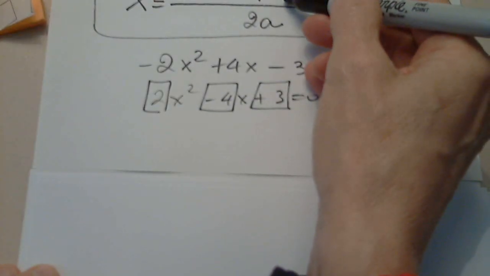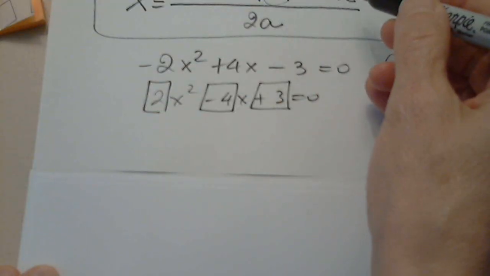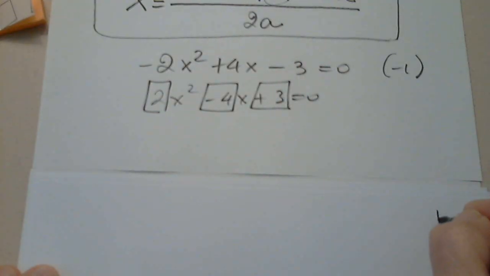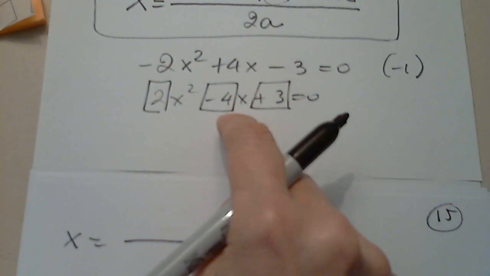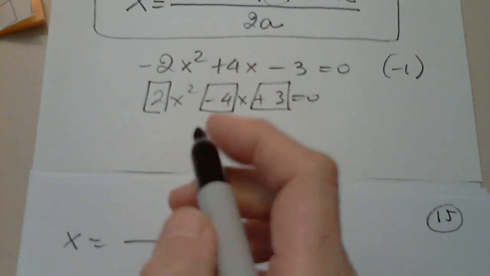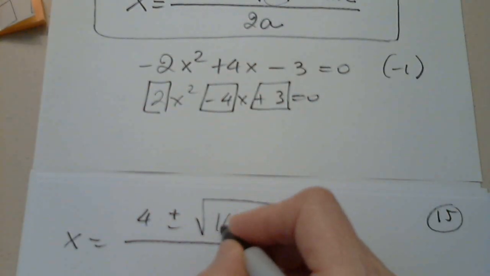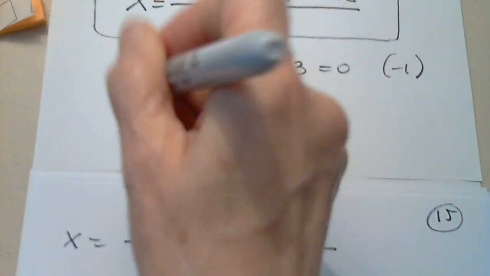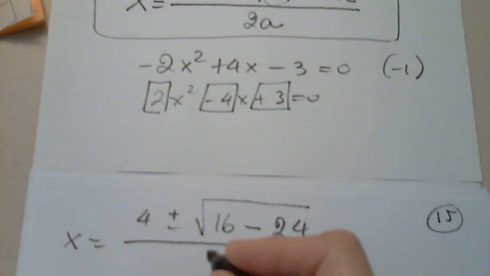Remember, this is b squared. This can never be a negative number under the square root. The answer under the square root may be negative, but not the b squared, ever. Okay, so then I have x equals negative b, 4, plus or minus b squared, 16, minus 4 times 2 is 8. 8 times 3 is 24, divided by 4.